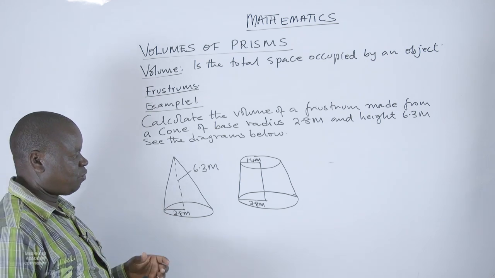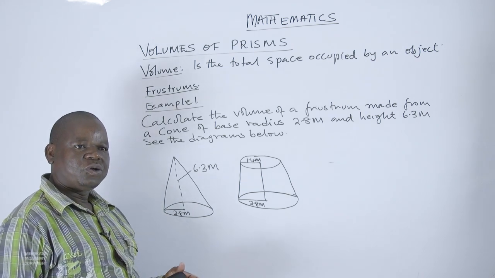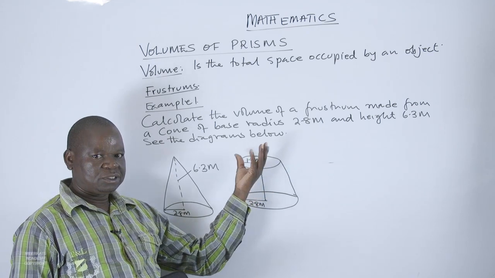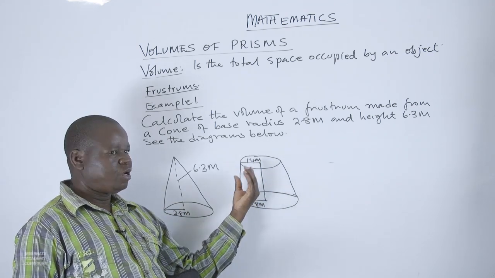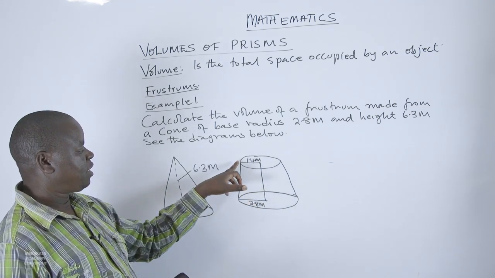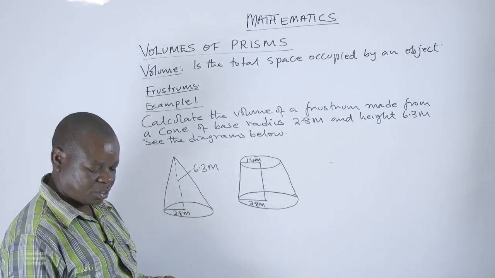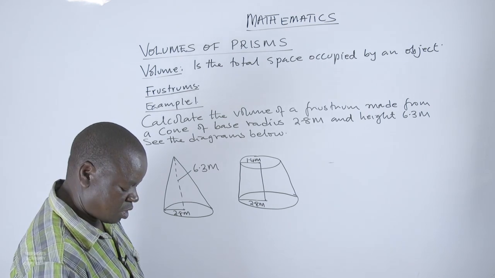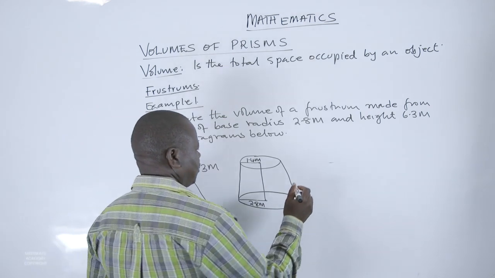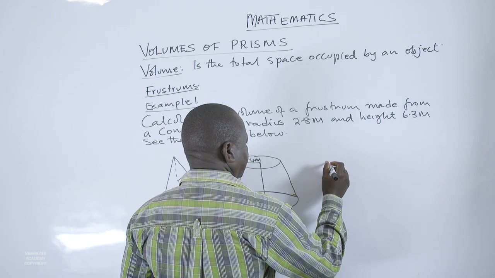So using that information, class, we can find the volume by first of all finding the dimensions of the smaller cone. This is how it looks after removal.